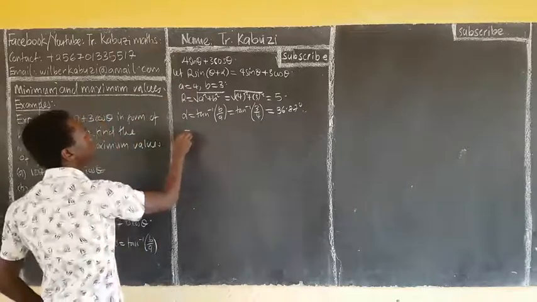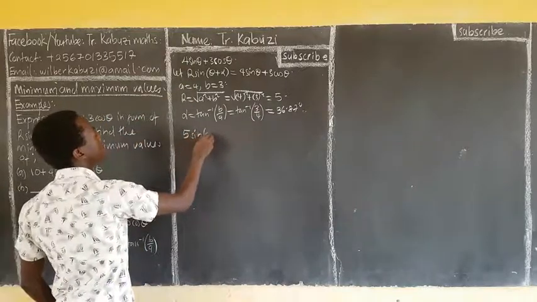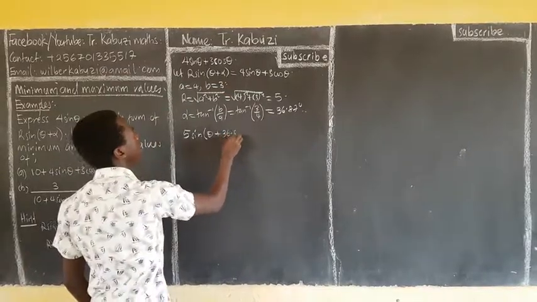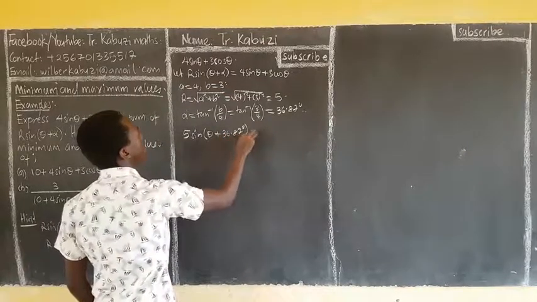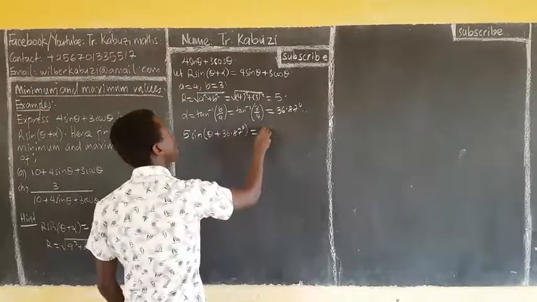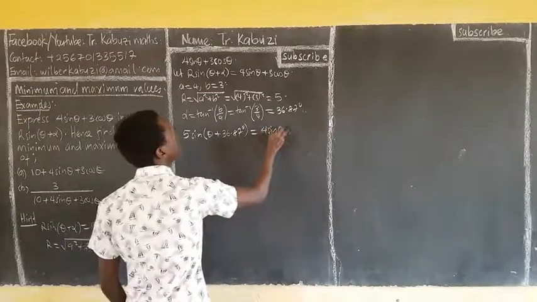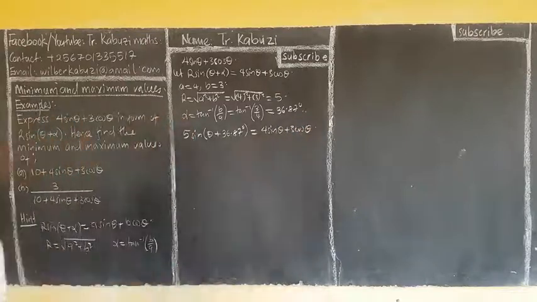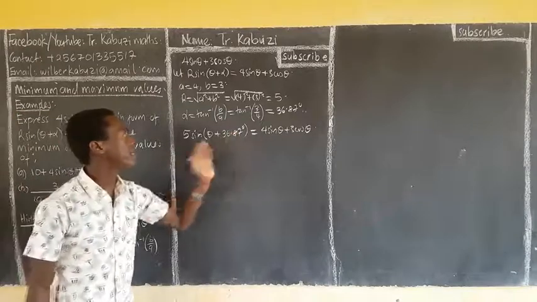I have 5 sine of theta plus alpha, which is 36.87 degrees, equaling 4 sine theta plus 3 cos theta. So you see now I have expressed it in this form. The whole of this is equal to this.